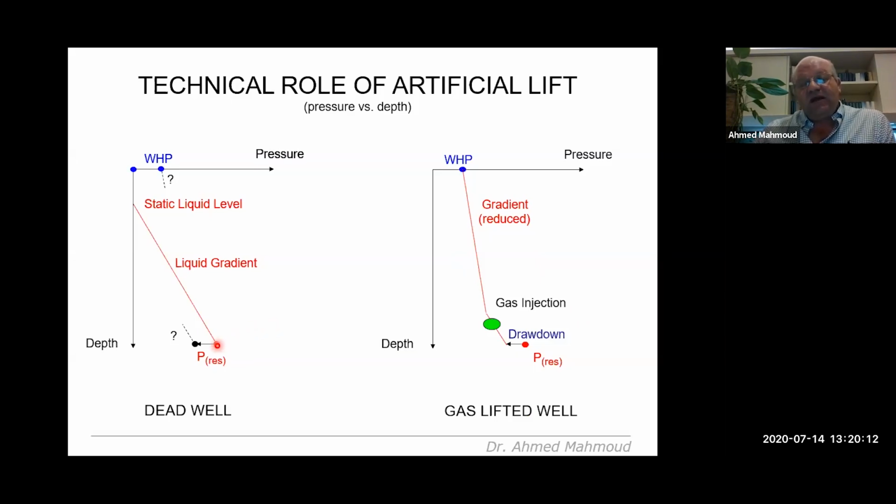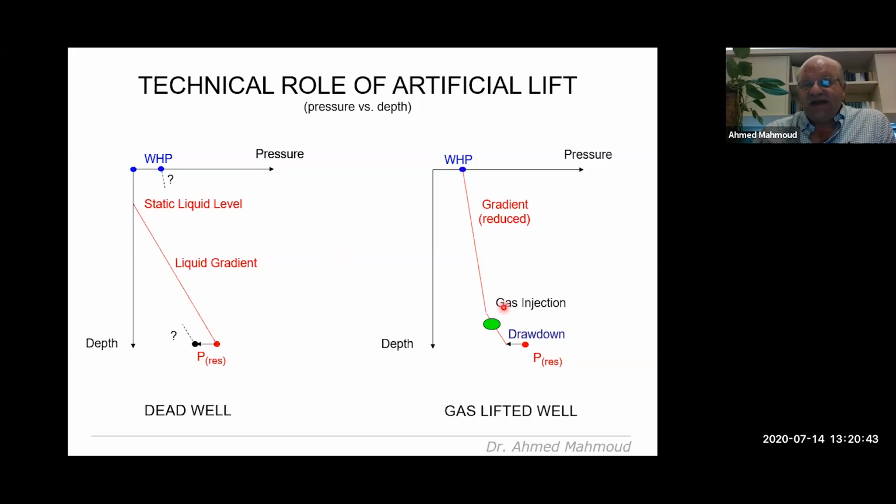Now, typically, if the well is not flowing, the liquid gradient will have an inclination or a gradient where it is below the wellhead pressure depth. So the typical gradient of the fluid level is below in terms of depth. The well has a static liquid level lower than ground level or the wellhead by itself.